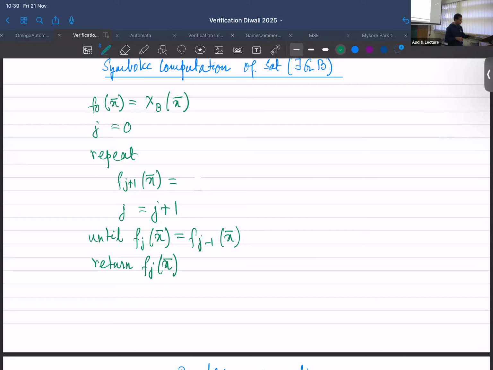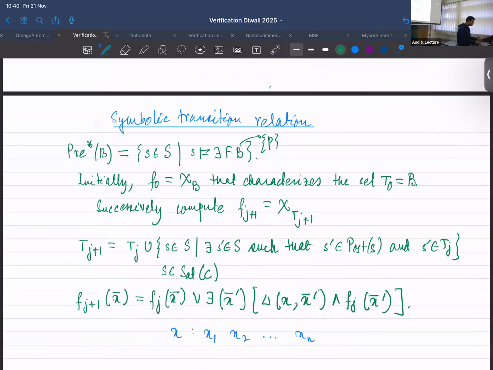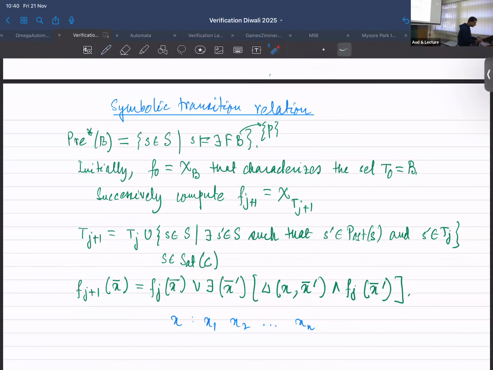When I talked about the set Tj, what does the index J denote? When I'm talking about eventually B, what does the index J denote? Steps. Within at most J steps, I'm going to see a B.